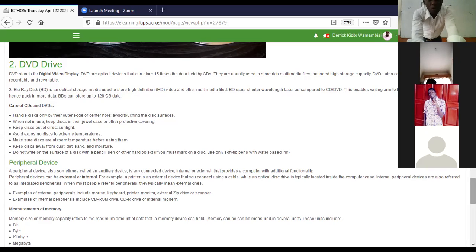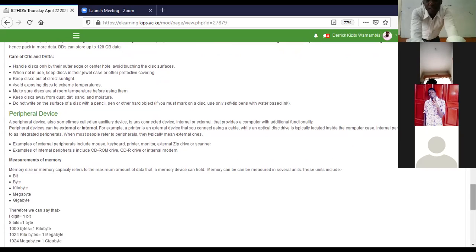Now we have measurements of data. How can we measure data? Here they are. We can measure data in bits, then byte, kilobytes, megabyte, gigabyte, and terabyte, going like that. So you've been given here that 1 digit is equal to 1 bit.